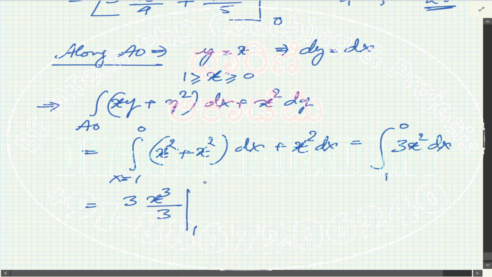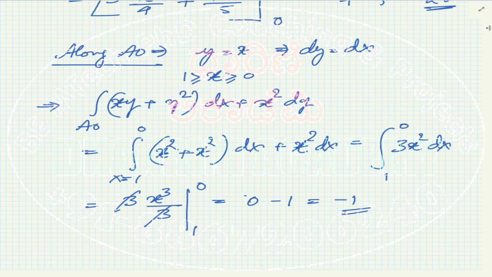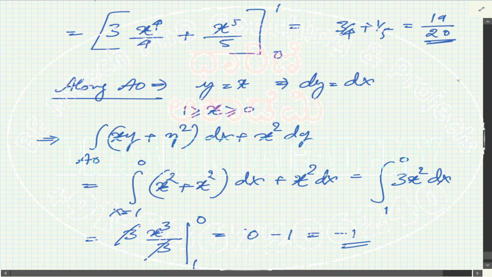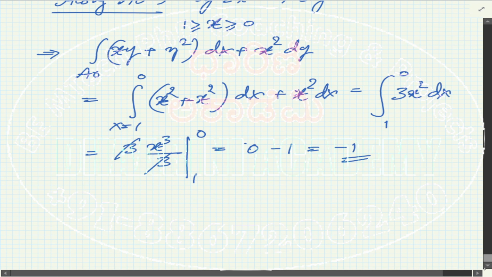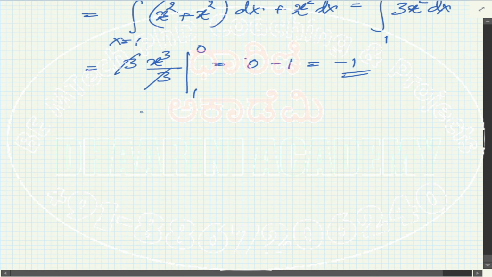So same thing copies here, 1 to 0. So this is equal to 1, 3 cancel. So 0 minus, this is 1 cube, so 1. So this is minus 1. So the previous answer is 19 by 20 and the present answer is minus 1.